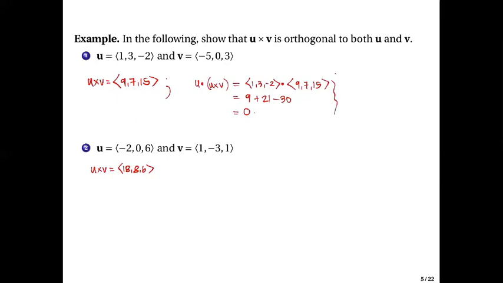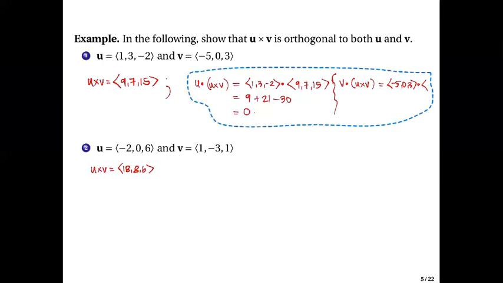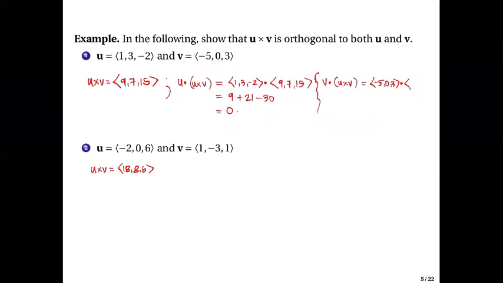For the other one, you have V dot U cross V. Our vector V is negative 5, 0, 3. So negative 5, 0, 3 dot it with the other one, which is 9, 7, 15.